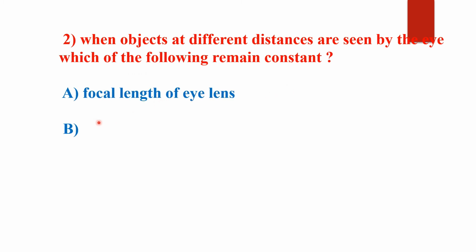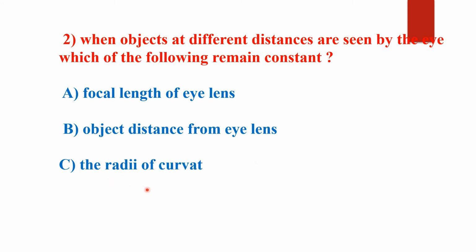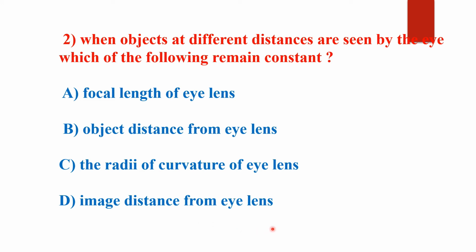when objects at different distances are seen by the eye, which of the following remains constant? Focal length of the eye lens, object distance from the eye lens, the radii of curvature of the eye lens, image distance from the eye lens. Here, when objects at different distances are seen by the eye, the image distance from the eye lens remains constant.